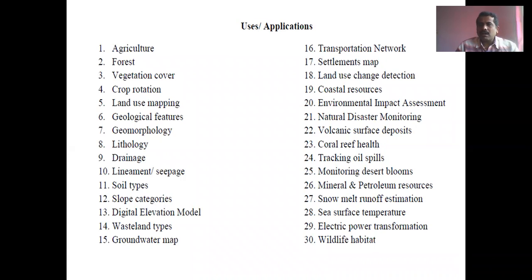Depending on our requirement, you are going to use this particular image, Landsat imagery. Nowadays, we have very well advanced images with more spectral bands. Depending upon your type of study, we are going to take the satellite imageries of the required area. We are not in a position to take the entire area's satellite imagery.